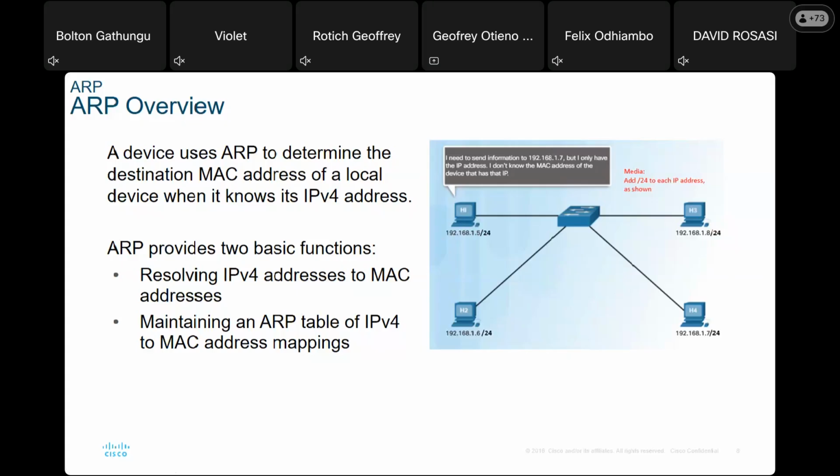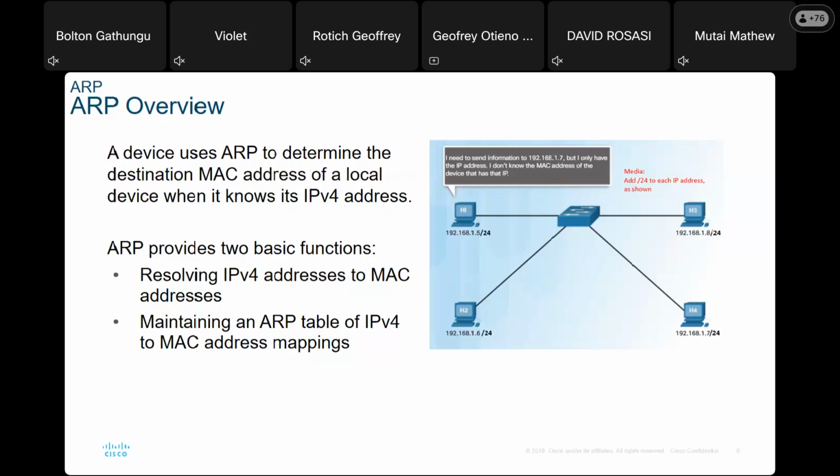I don't know the MAC address of the device that has that IP address. So what happened in this case? Broadcast. Because we don't know who is who, you'll be broadcasting to find out whose IP address this is. Respond back with your MAC address.